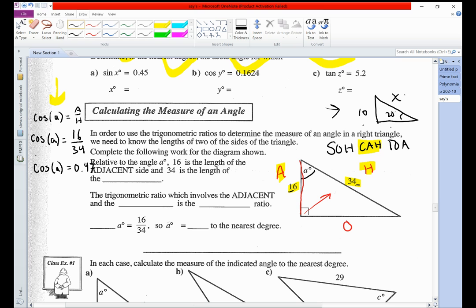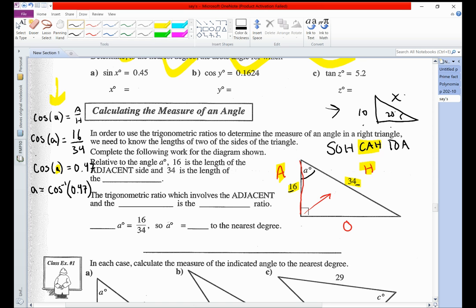Hopefully you can see that, 0.47. And now we want to find A, but it's wrapped up in that cos function. So what we have to do is use our inverse cos function. Basically we're saying A is going to equal cos to the negative 1 of 0.47.